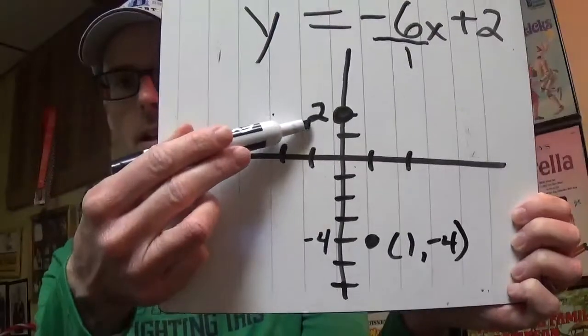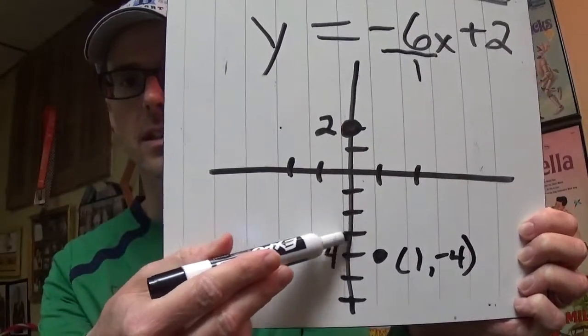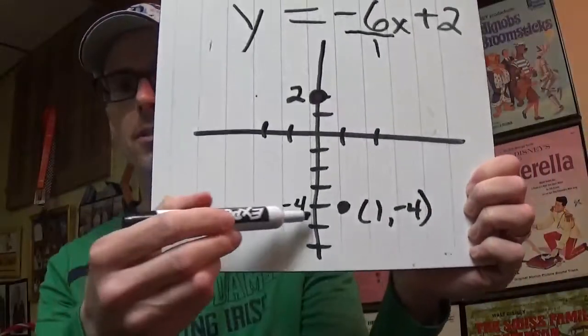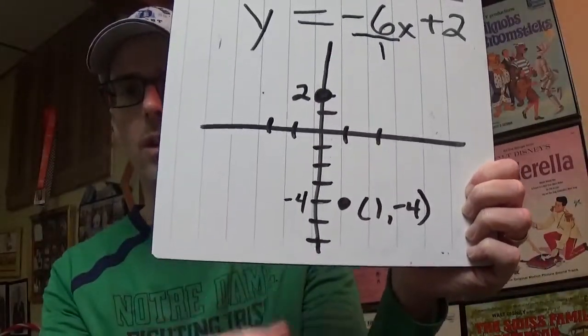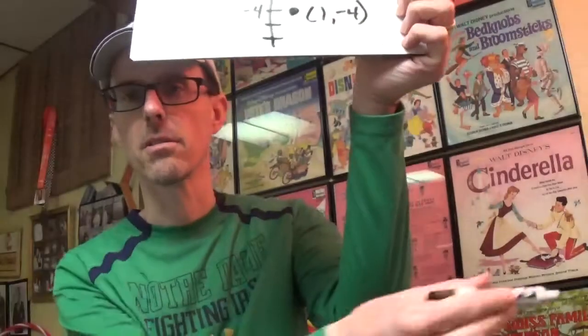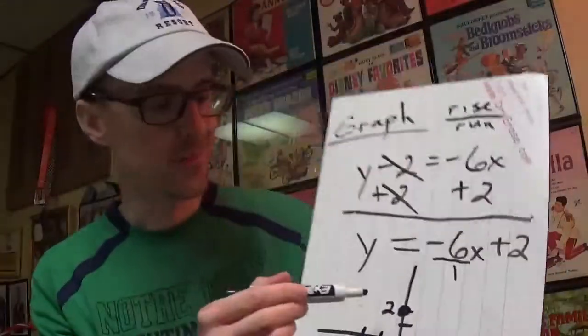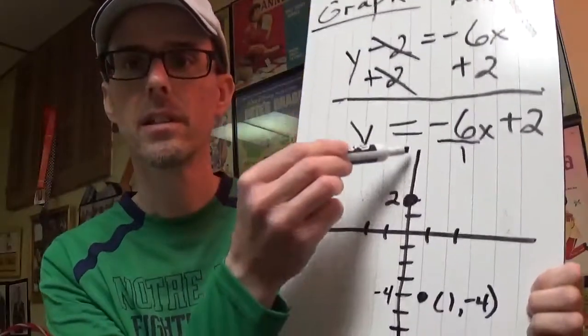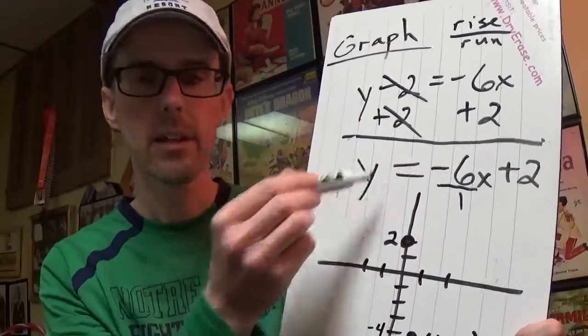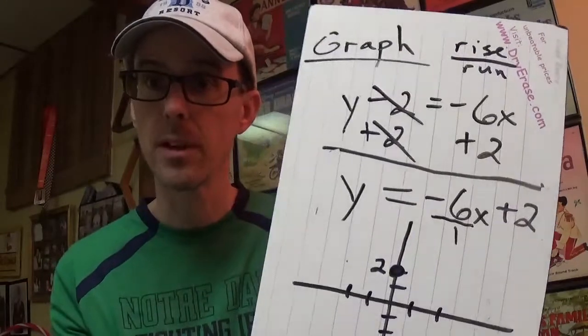From here, drop 6, go right 1. How many times could you do that? Forever? Or, if you're feeling really crazy, I could have gone up 6 and then left 1. Still puts me on the same line.